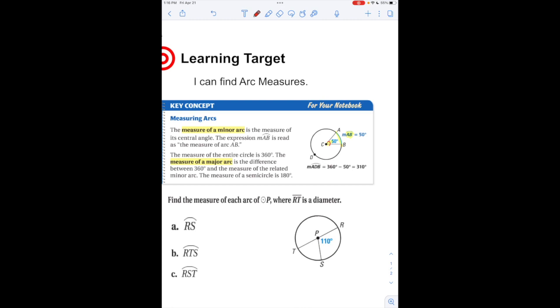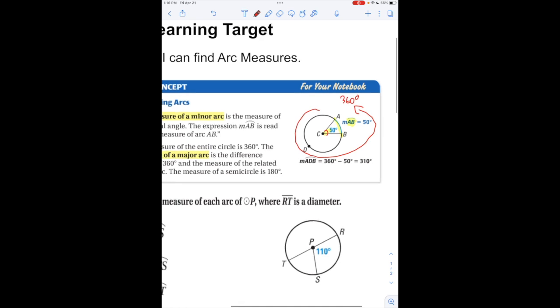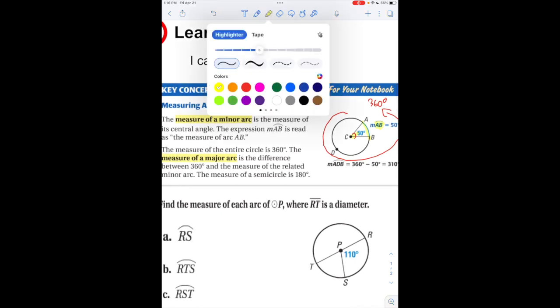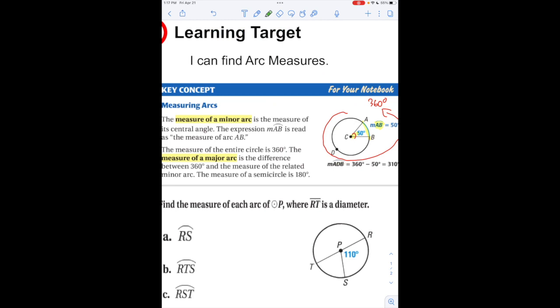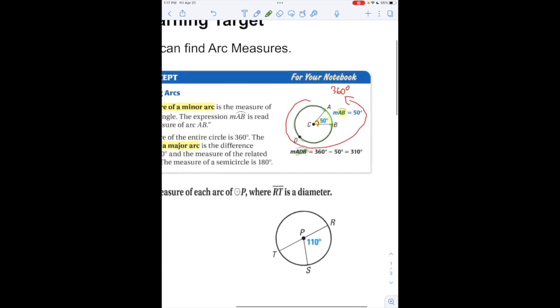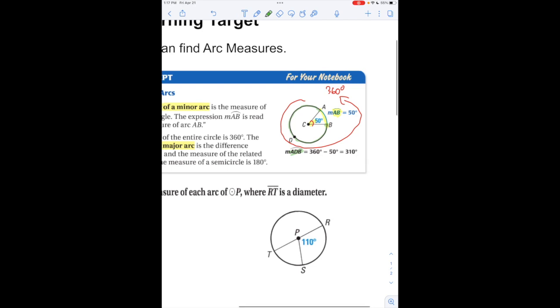We know that all the way around the circle is going to be 360 degrees. Now this is called a major arc, and I want you to notice that the major arc has 3 letters and it includes D. So I have to go in order, A to D to B. And that takes me to point B. So if I were to figure out what's left of my circle, I would take the whole thing, which is 360, and subtract 50, and get a total of 310.